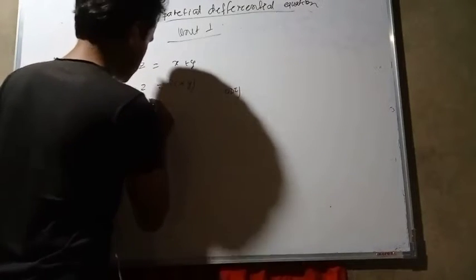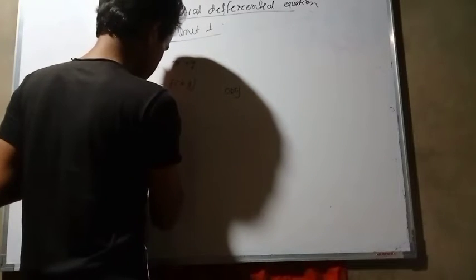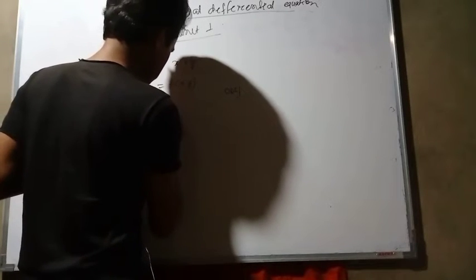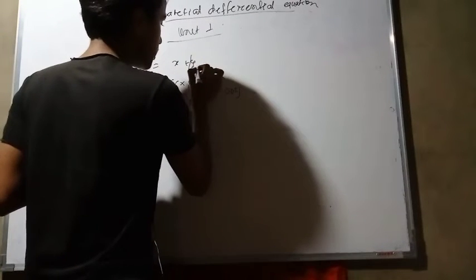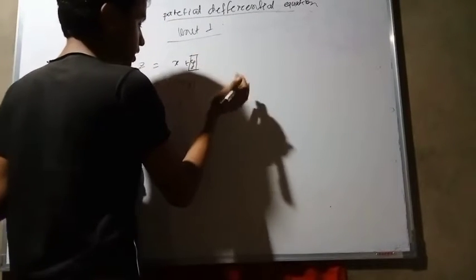So if z changes along x, we differentiate with respect to x, and the remaining variable is treated differently.